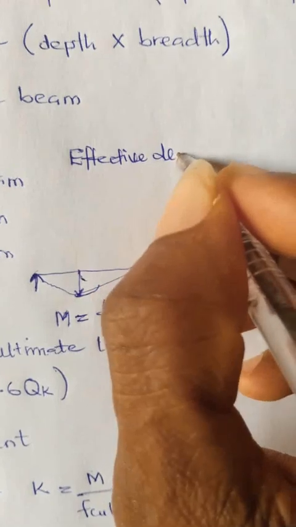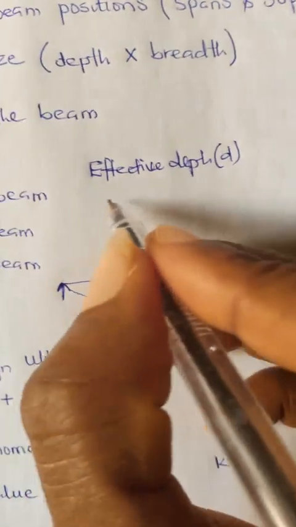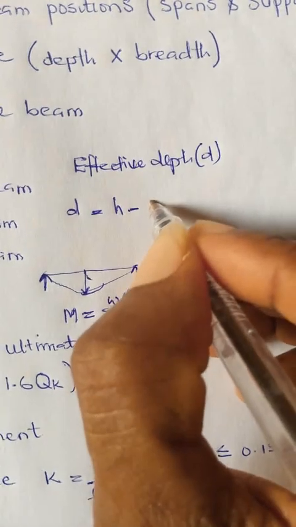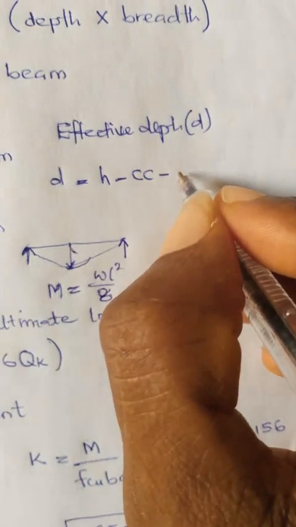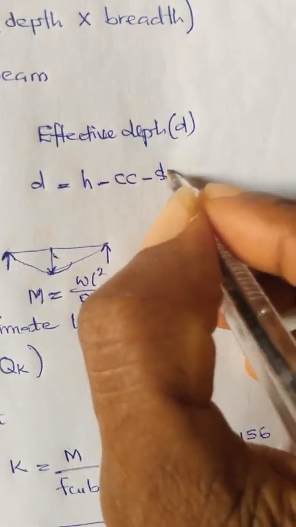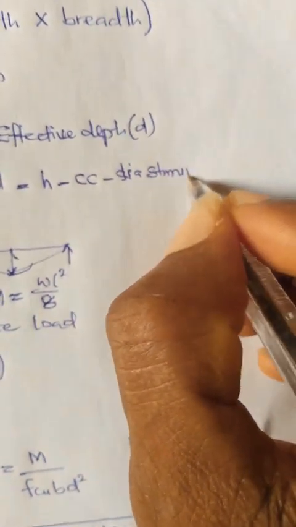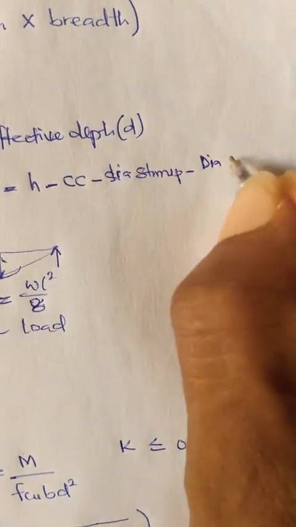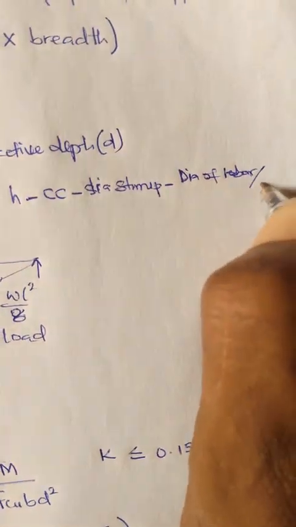You have to compute the effective depth d, which is equal to h minus cc, minus the diameter of stirrup, minus the diameter of rebar divided by 2.